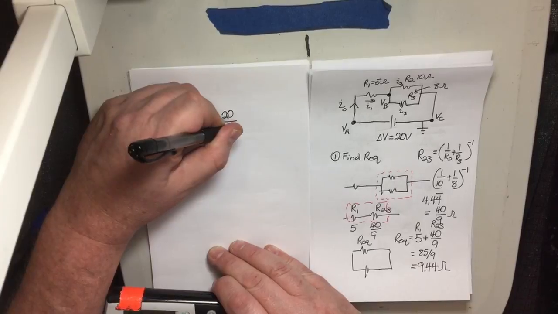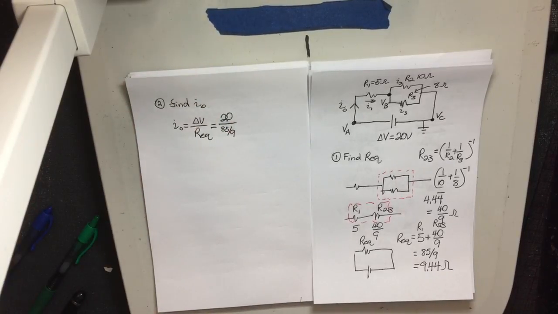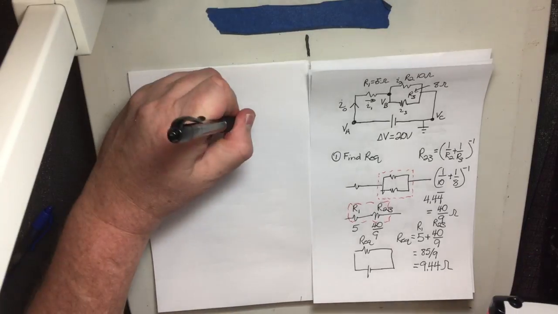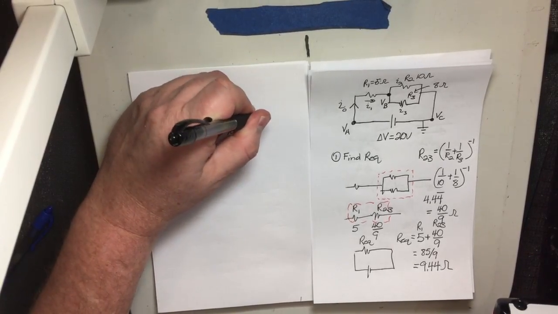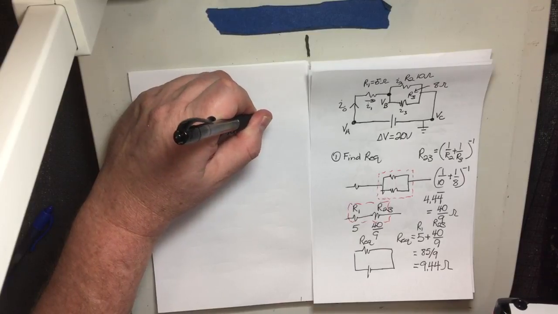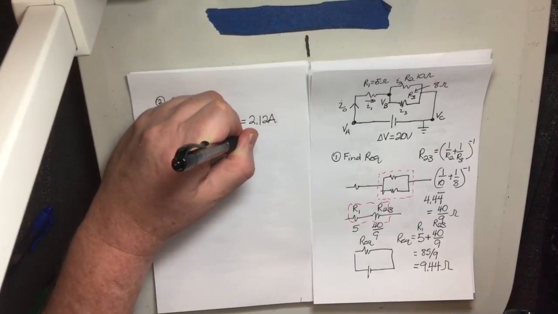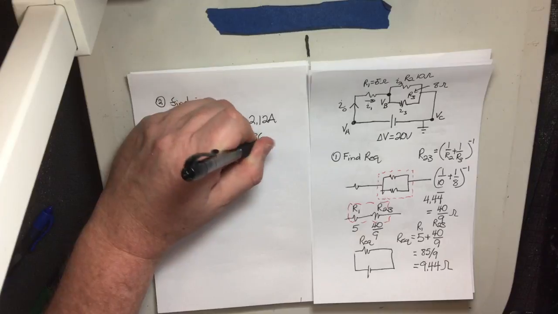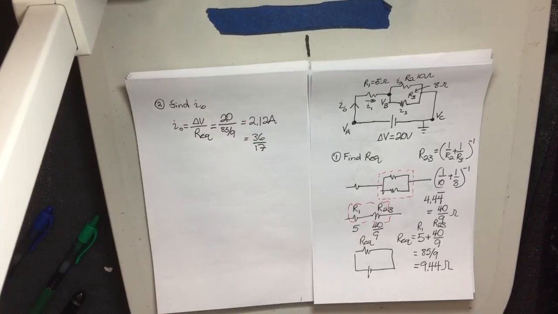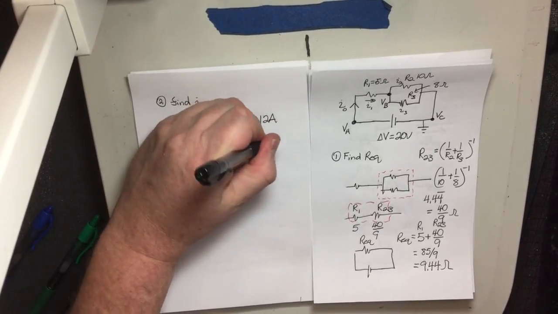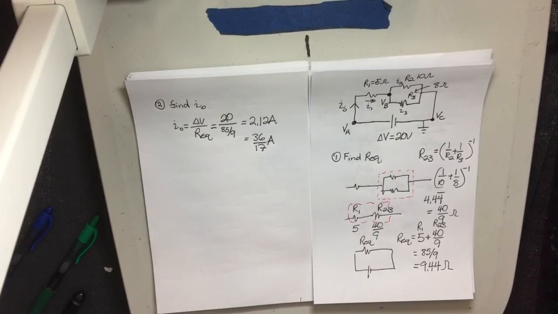REQ is 85 ninths. We get 2.12 amps, or 36/17 amps. And I will continue to use the 36/17 amps.